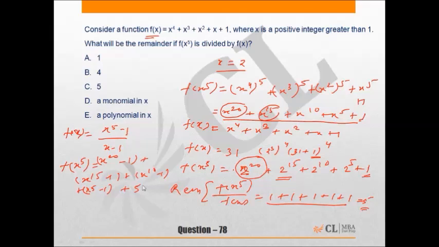So effectively we have 5. When each of these terms except 5 is divided by (x raised to power 5 minus 1) upon (x minus 1), remainder will be 0. So the effective remainder from here will be 5. So 5 is the required remainder. Therefore option C is the correct answer.